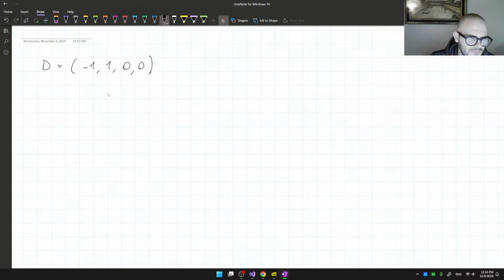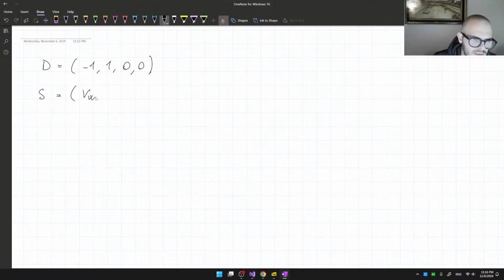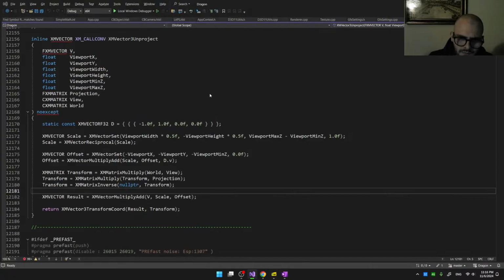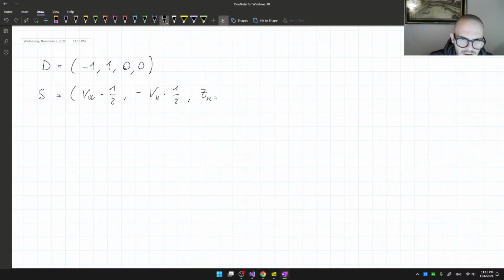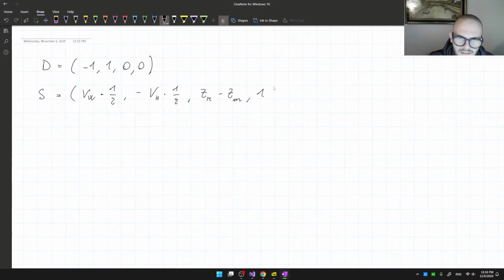The scale, let's call it S, is the viewport width times 1/2, minus the viewport height times 1/2, then Z max minus Z min, and 1. The offset, let's call it O.